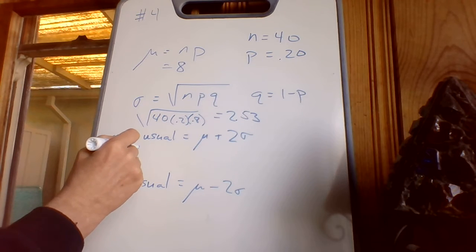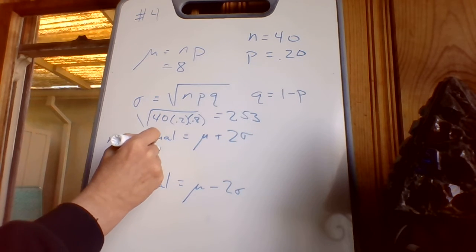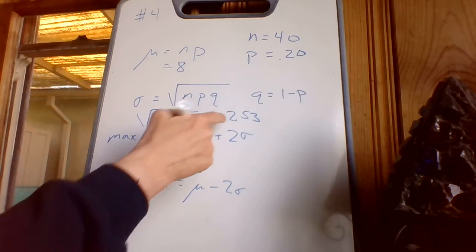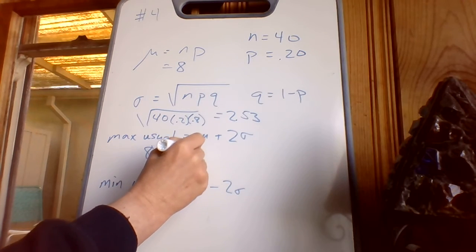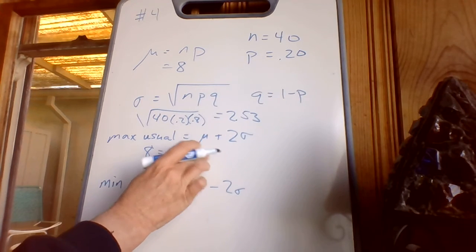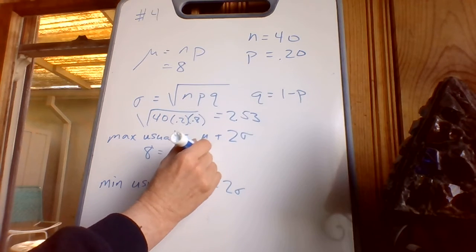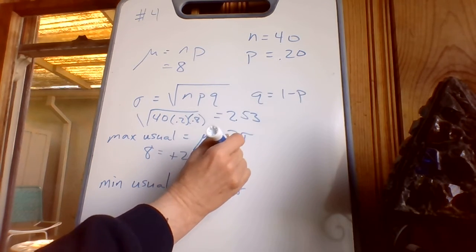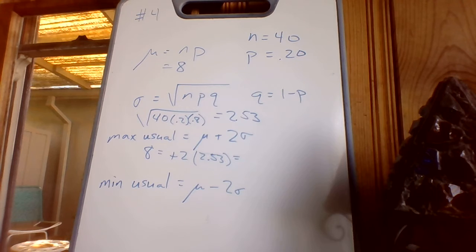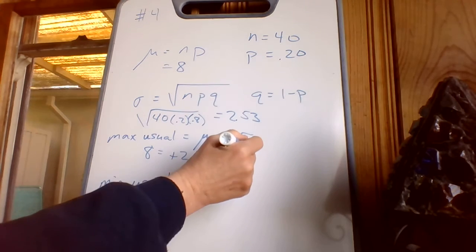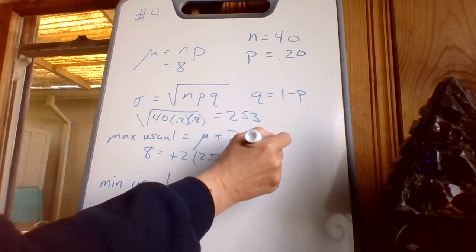Okay, and then the maximum usual, I take the mean, which I already figured out was 8, plus 2 times, and double that, 2.53. So that's 8 plus 5.06, so that's 13.06.